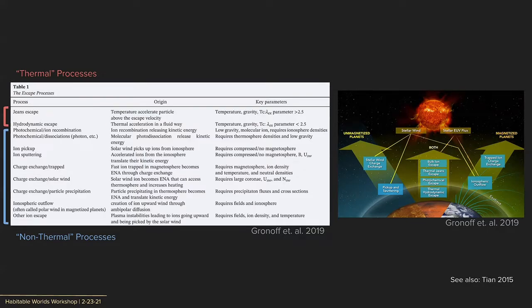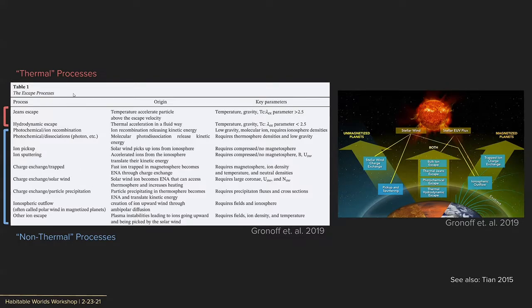Very creative. Thermal processes are what they sound like. They have to do with the temperature of the atmosphere and how that affects molecules in the atmosphere. Non-thermal processes include things like photochemical dissociation, ion interactions with the magnetic fields, charge exchange between the stellar winds as well as ions in the atmosphere, and a couple different ones.